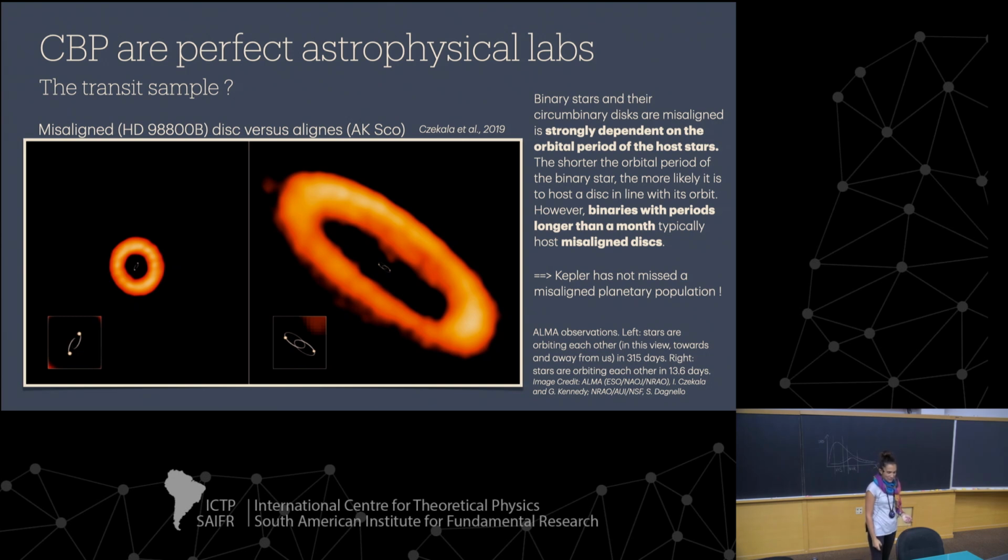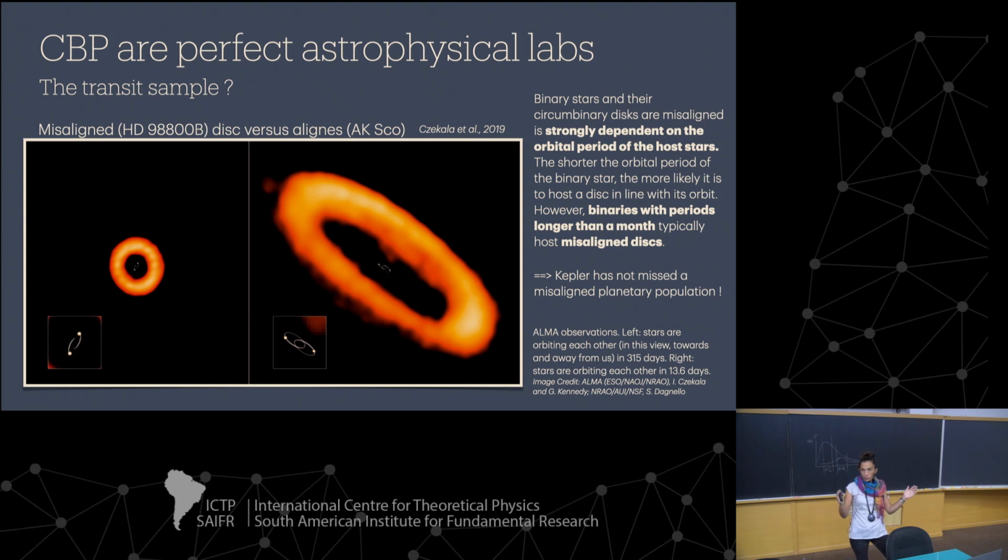Okay, so circumbinary planetary systems are the perfect astrophysical labs because by studying the formation of these systems, you can also understand the formation of systems around single star exoplanets. What Ian did in this work was observe planetary disks around binaries with ALMA, and he found that the circumbinary disk where you can form exoplanets can be misaligned, and this is strongly dependent on the orbital period of the host star.